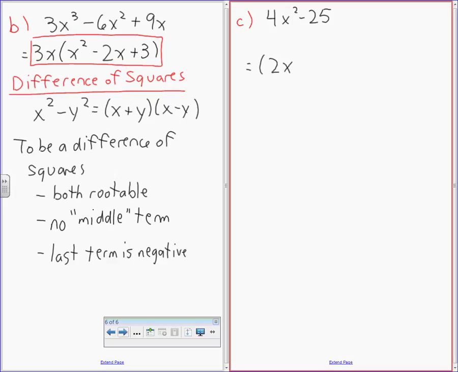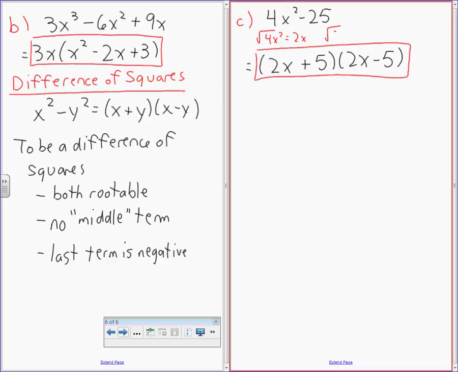What is the square root of 25 going to be? 5. So it's going to be 2x plus 5 and 2x minus 5. If you need to write a side note to yourself, you certainly may: the root of 4x squared is 2x, and the root of 25 is 5.